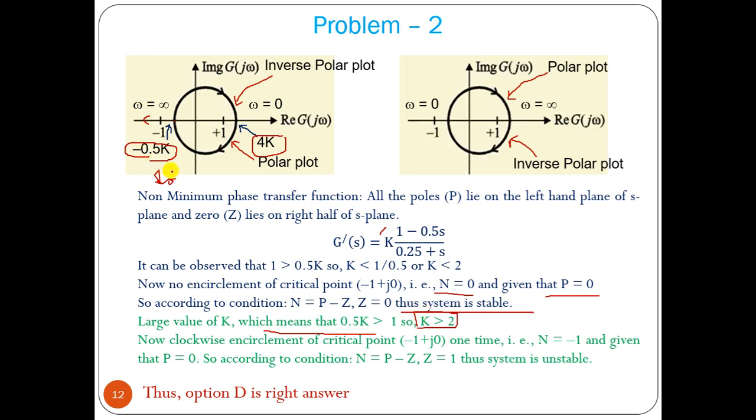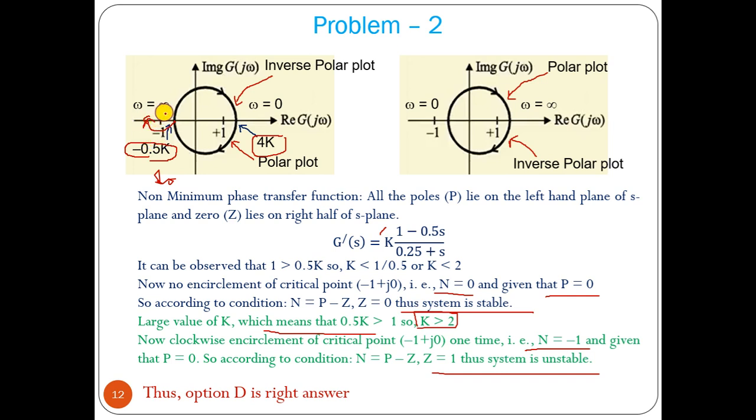At that time, it encircles the minus 1 point in the clockwise direction. So, N becomes minus 1. So, the system becomes unstable.